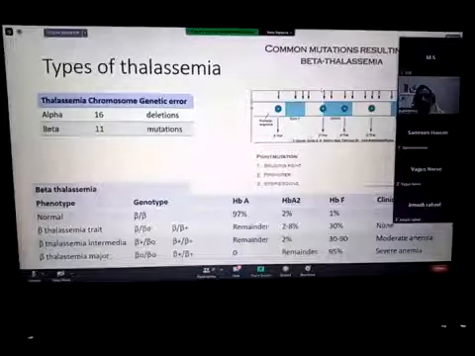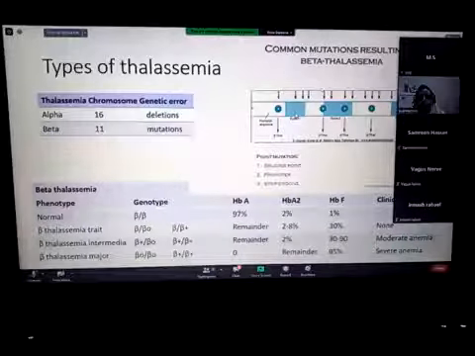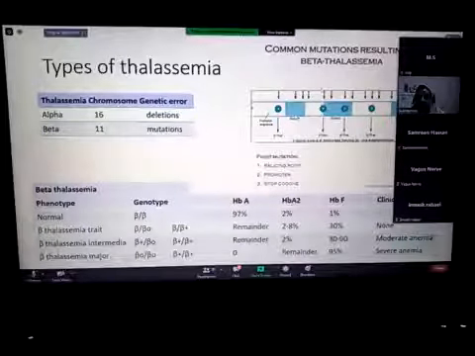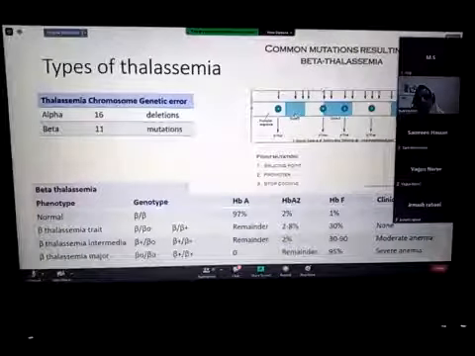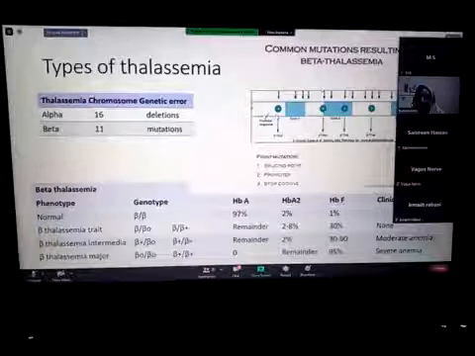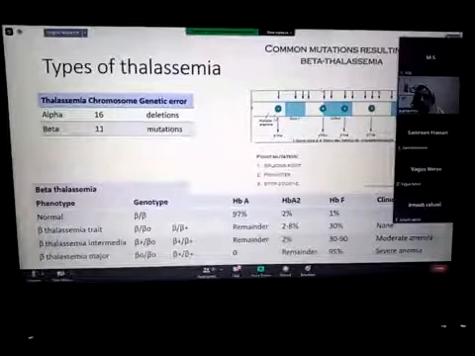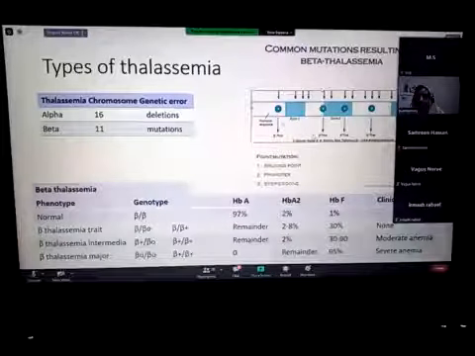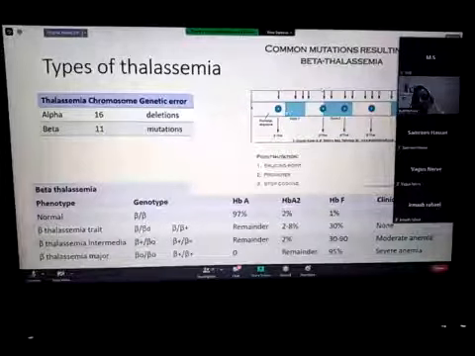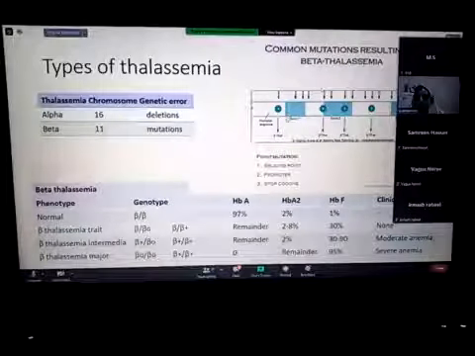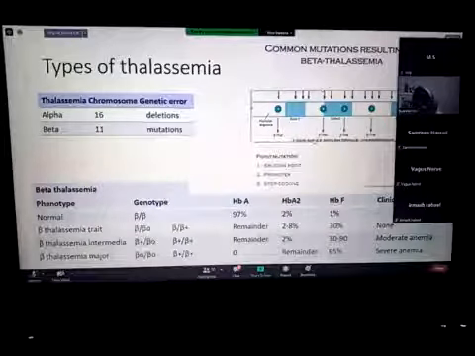And what happens? This is the beta gene. On the right side, you can see that we have exons and introns. Exons are the portions of the DNA which help in transcription, whereas introns are the non-coding sequences. If the patient has a problem at the splicing junction, for example at the junction of exon and intron, usually they don't get that severe.